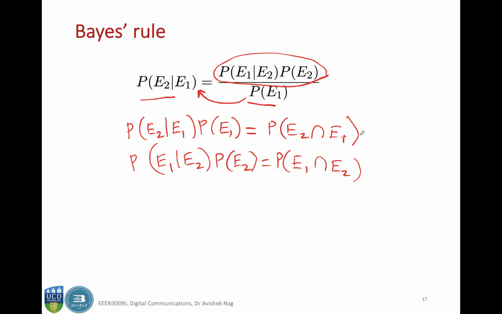So these two are the same. Depending on whether E1 has occurred first or E2 has occurred first, you can interchange the relationship. Both will give you the probability of the intersection of the two events E1 and E2, and then you can write Bayes rule like this.